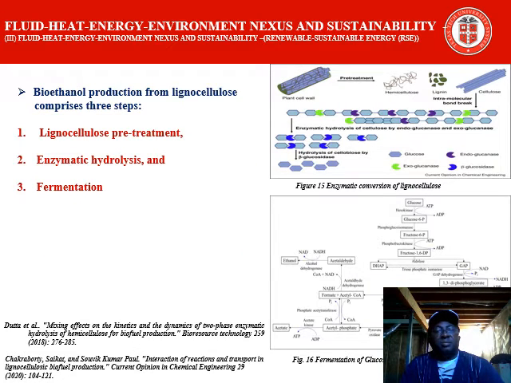On this slide, we briefly mention the three steps that constitute biofuel production, which are lignocellulose pretreatment, enzymatic hydrolysis, where enzyme kinetics is dominant and governed by the Michaelis-Menten mechanism. And of course, the last process is the fermentation.